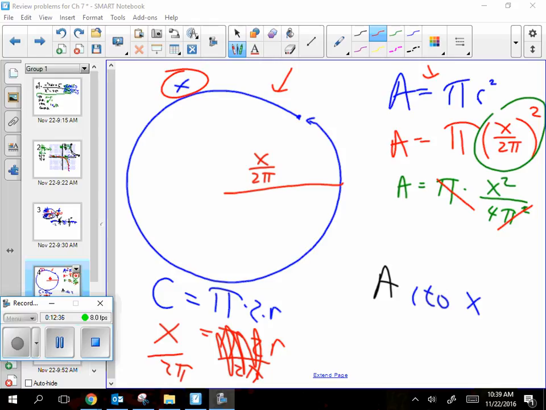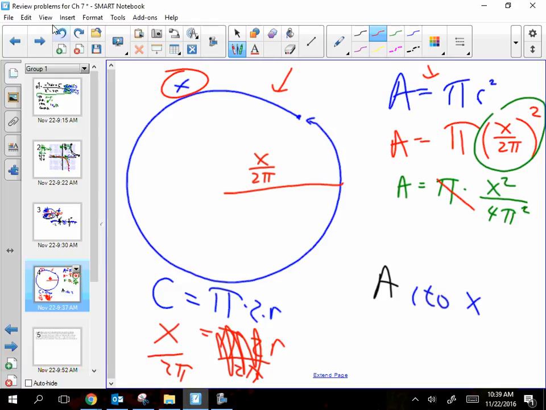No. Pi squared turns into just pi. It won't be pi squared anymore, because down there's really pi times pi. We cancel off one of them. Okay, good. So area equals x squared over 4 pi. That's the area in terms of x. How many think you could have done that?